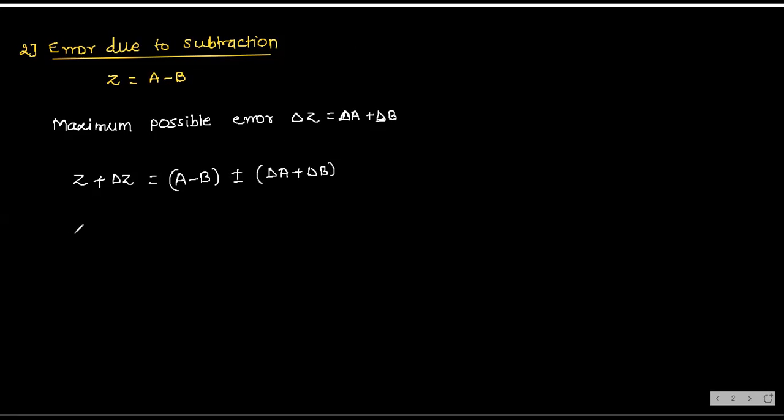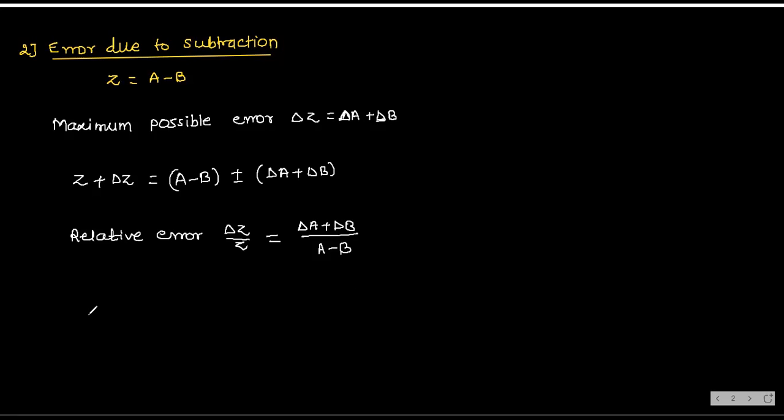So what is relative error? Relative error is delta z by z. So this is equal to delta z value, which is delta a plus delta b, divided by z value, which is a minus b. This is your relative error.